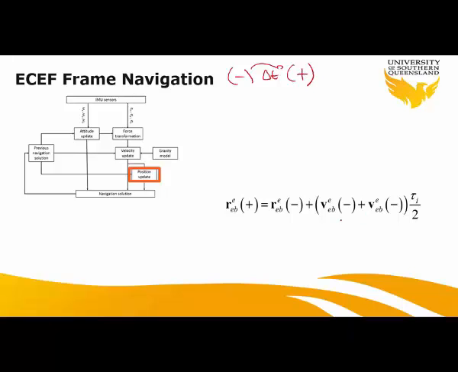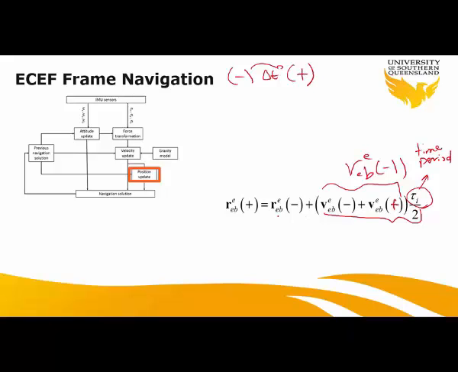So basically what we are doing here, I think this one should be plus, sorry. What I'm doing is averaging the velocity between the start and end of the time period, and then I multiply by the time period. This one is the time period.